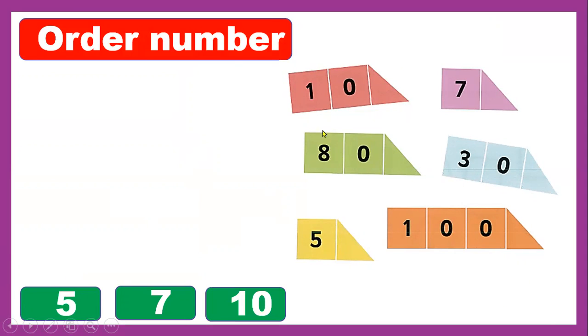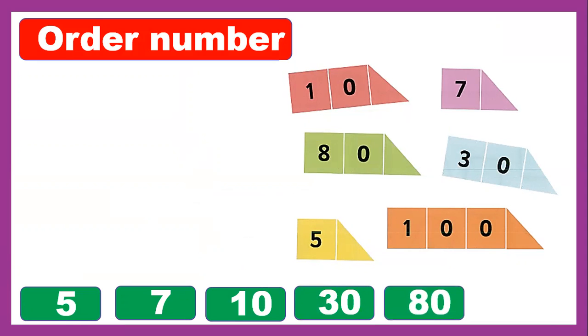Now we have 30 and 80. The 0 and 0 are the same, so we have to go to the tens. Now this is 3 tens and here is 8 tens. So obviously 3 tens is small. It will come first, and the 80 will come second. And as you know, we have the 100.